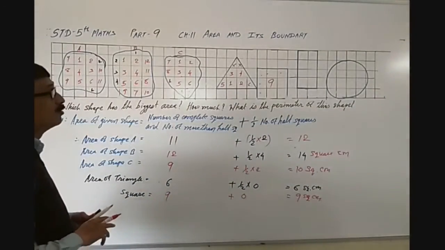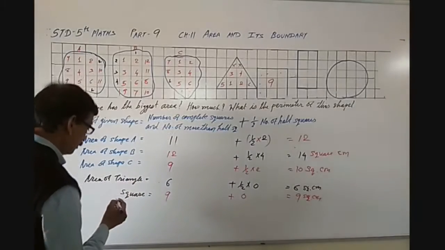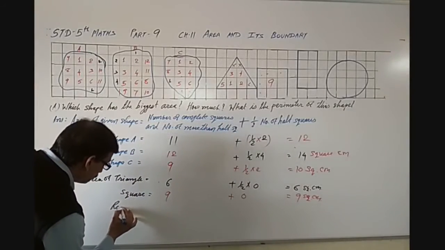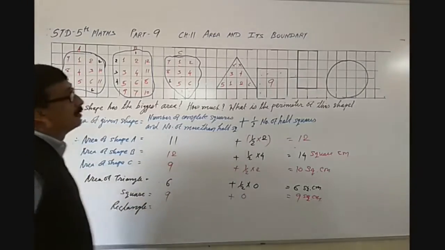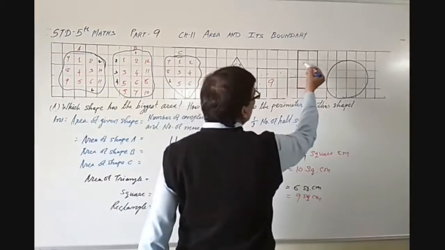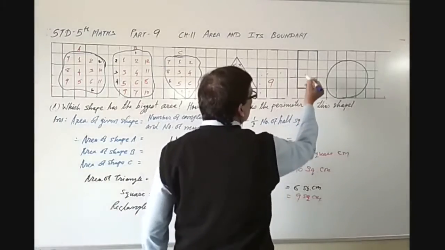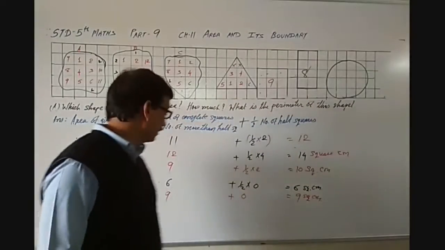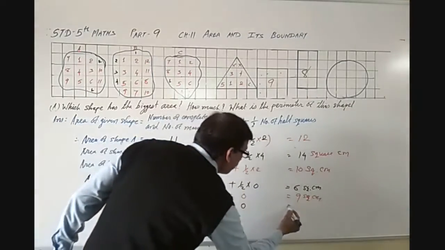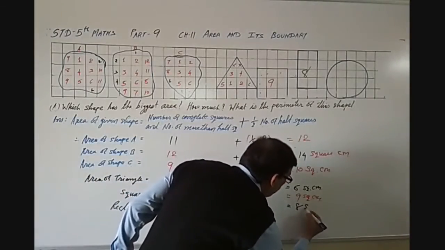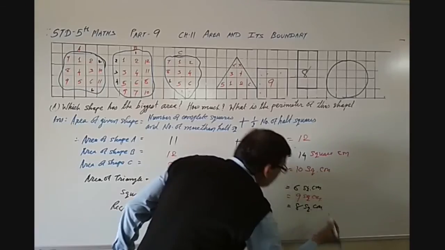Then let's think about this rectangle. See, it has 1, 2, 3, 4, 5, 6, 7, 8. So 8 complete squares are there. So here I should write 8 plus 0 is equal to 8 square centimeter.